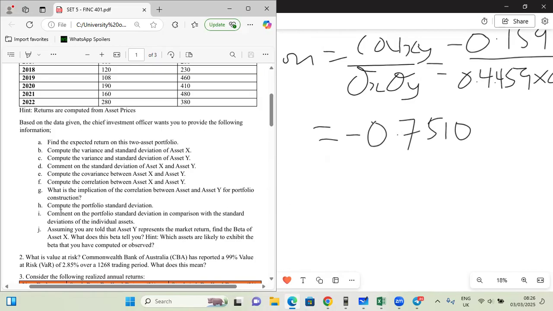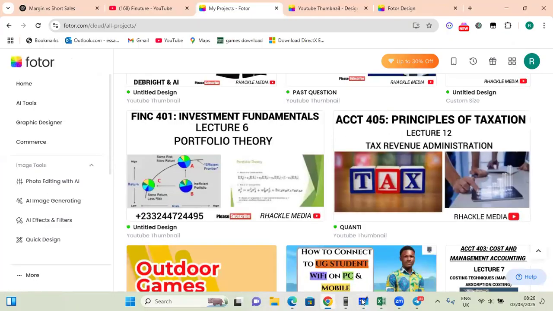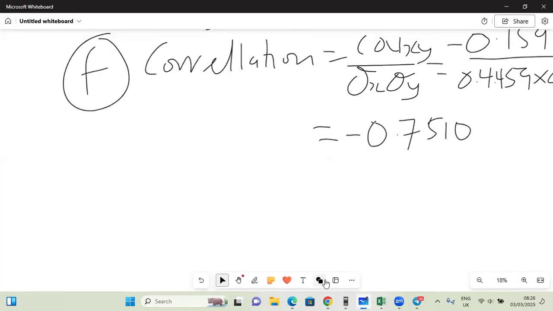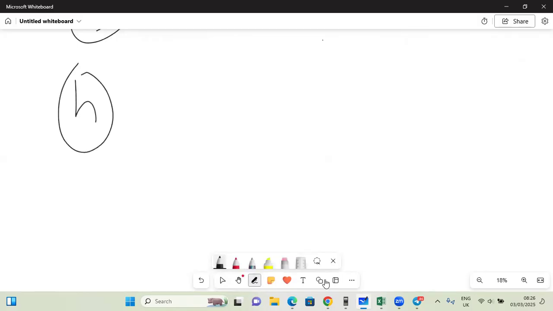So now it is saying we should compute the portfolio standard deviation.